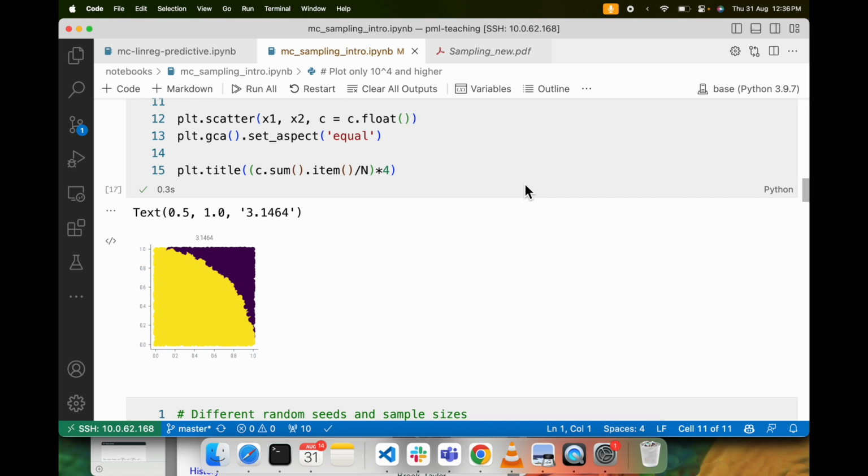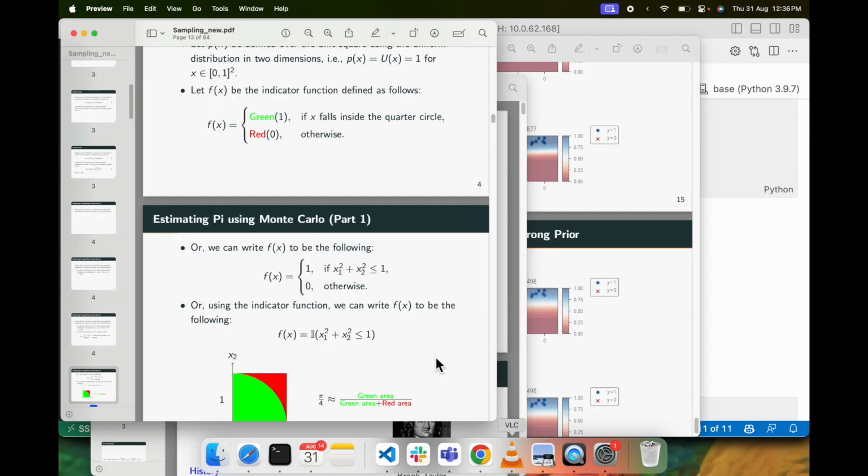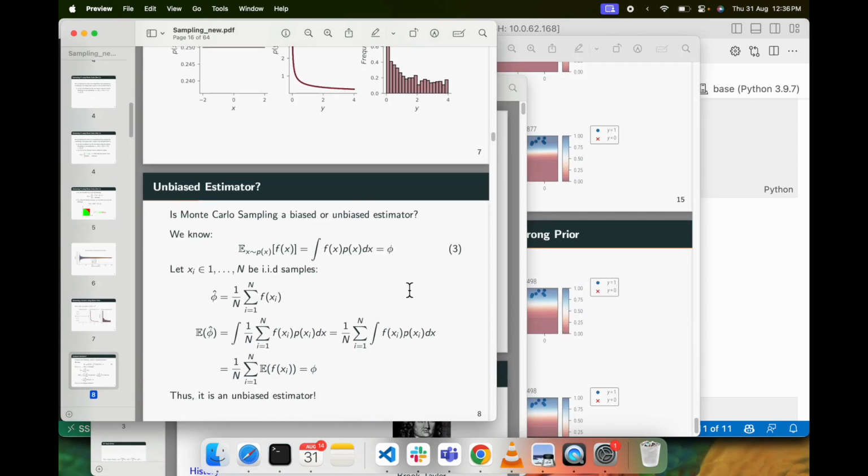This was a very easy integral. You could have just used simple calculus and got the answer correctly. But then we wanted to compute more complicated integrals.